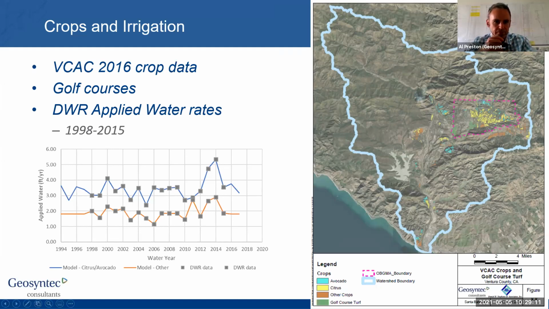In 2013 and 14, they did get very high, and as part of our balance, we decided there's no way that they'd be putting that much on because there wasn't water around for a start. So we did make some adjustments. We didn't use those numbers directly in those kind of extreme drought years.